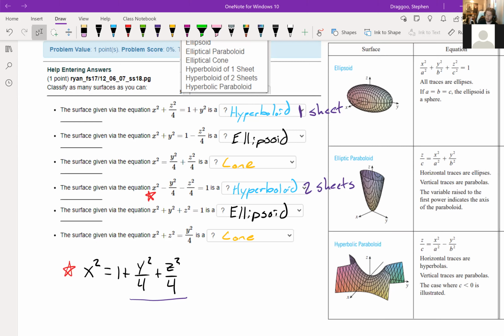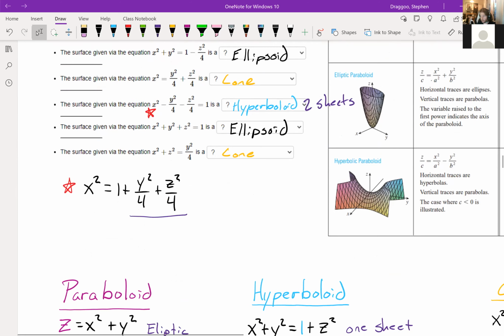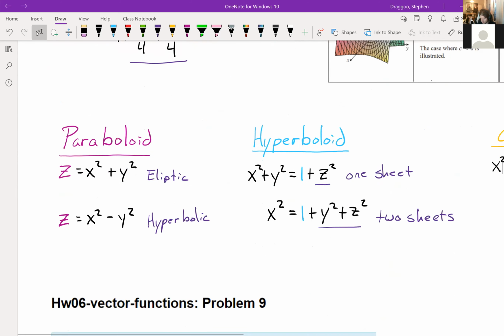It's just, do you know what the equation of an ellipsoid looks like? Or if I have an elliptic paraboloid, does that thing have a minimum value or a maximum value somewhere? If you remember your calculus from a couple of years ago, or maybe a year ago, whenever you took Calc 1, we're going to be finding maxes and mins again. It's going to be a little while before we get there, but it is coming.